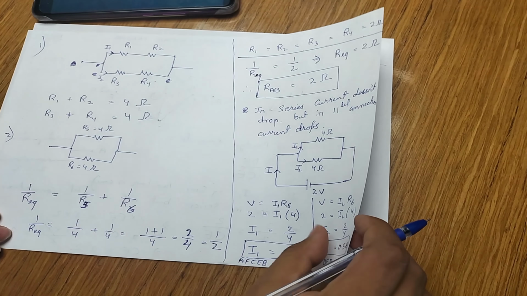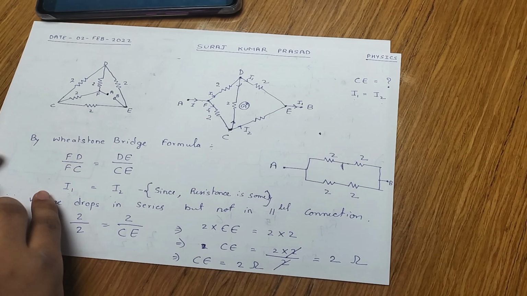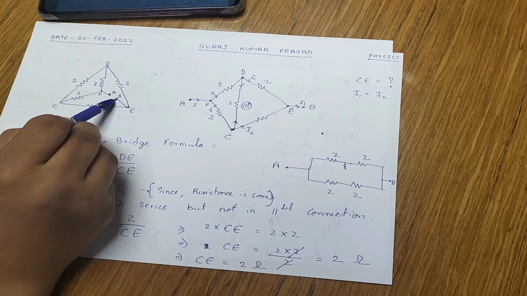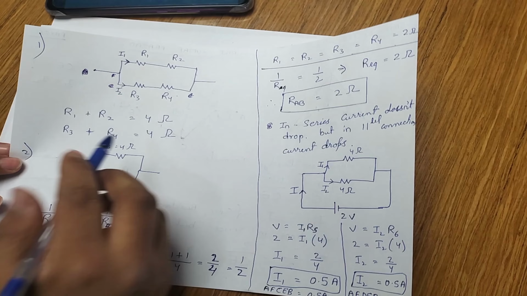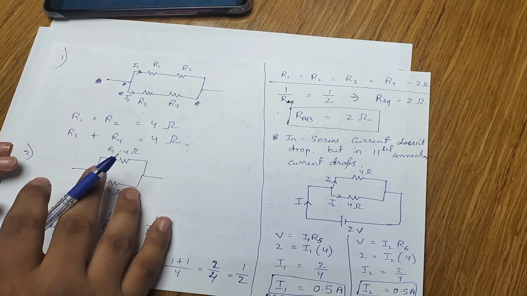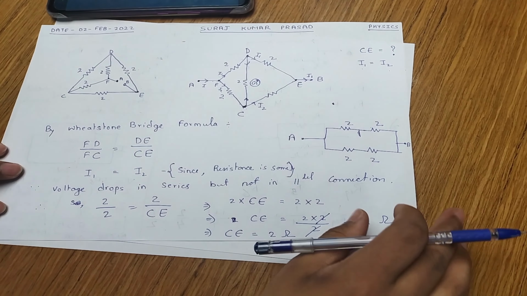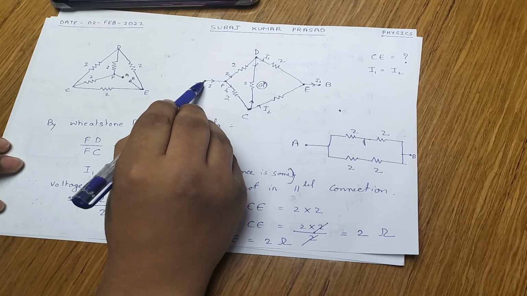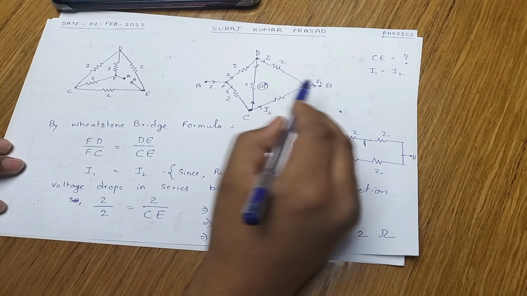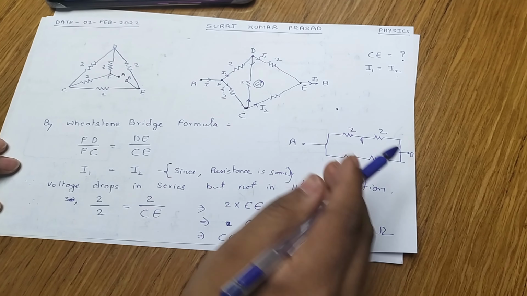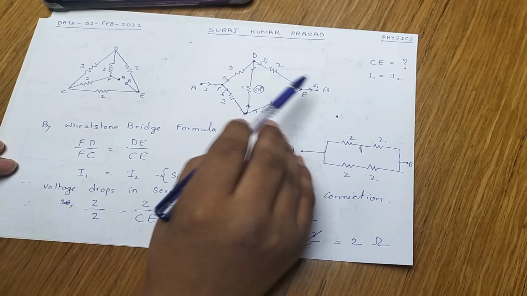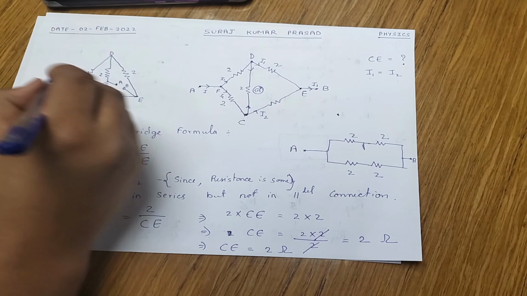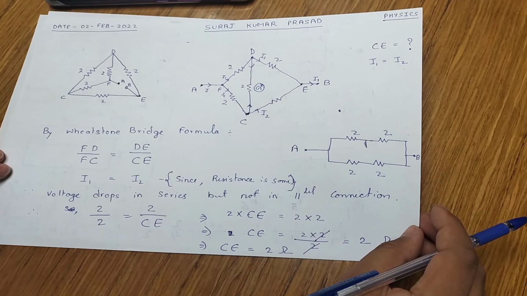Finally we can conclude our question: the equivalent resistance between A and B is 2 ohm, and the current between AFCEB is 0.5 ampere, and AFDEB is 0.5 ampere. So finally we got the answer. Thank you.